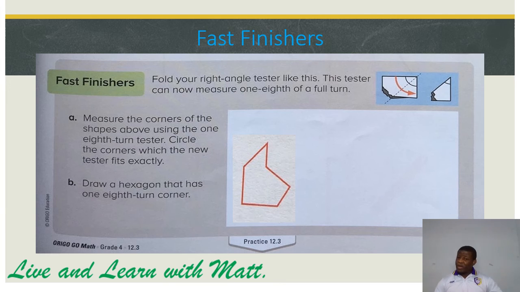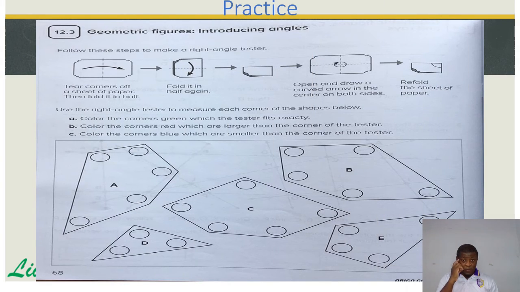Now, when you're done, bring out your practice book. Bring out your practice book. Now, follow the steps again to do the shape, and if you have it, you can use the same.